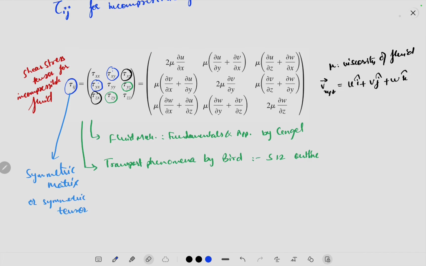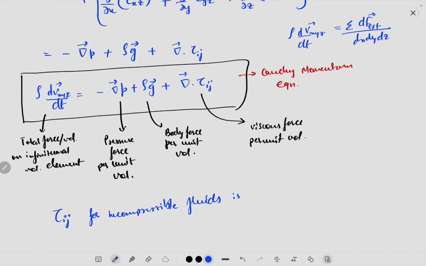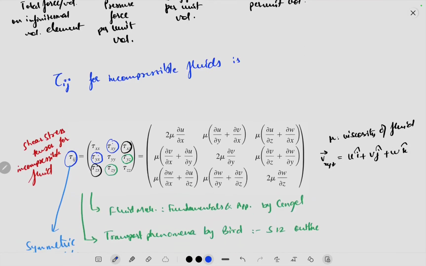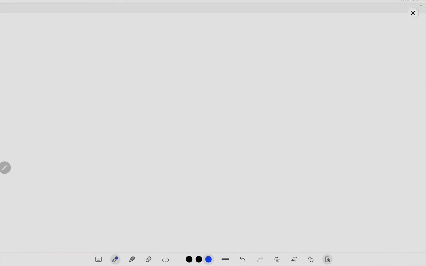Okay, so now if you have the components of the stress tensor matrix, I can plug these components into this Cauchy momentum equation to get the most popular equation, known as the Navier-Stokes equation. Okay, so let's do it. Let's first write the Cauchy momentum equation in three orthogonal axes x, y, z.